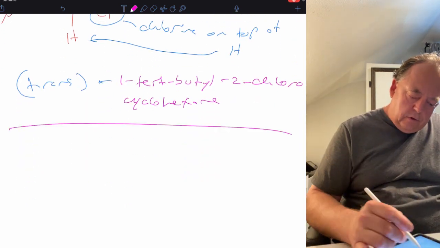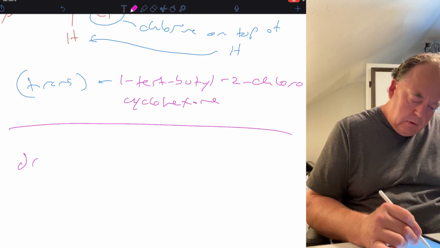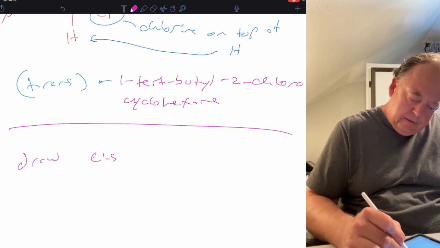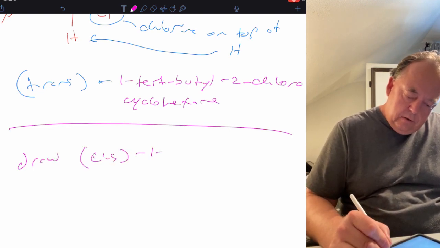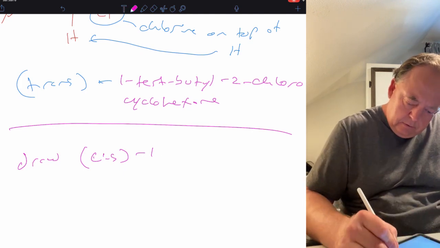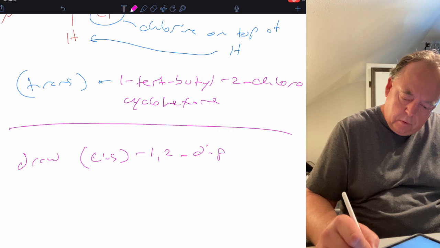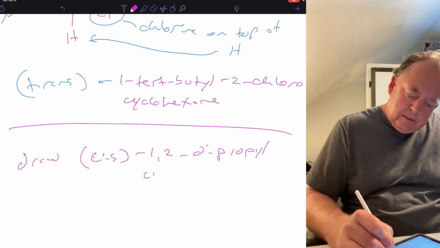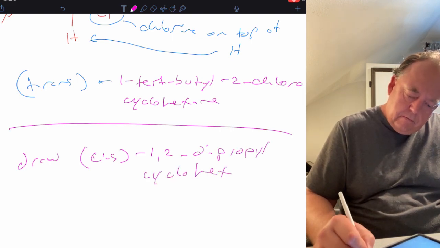Okay, so one more. Let's go the opposite way. Let's draw cis-1,2-dipropylcyclohexane.